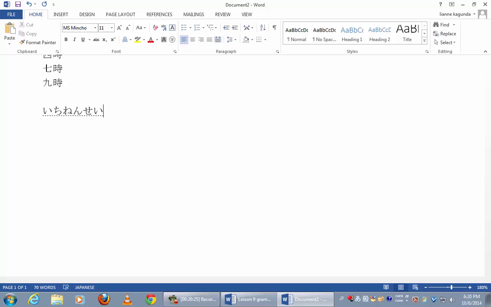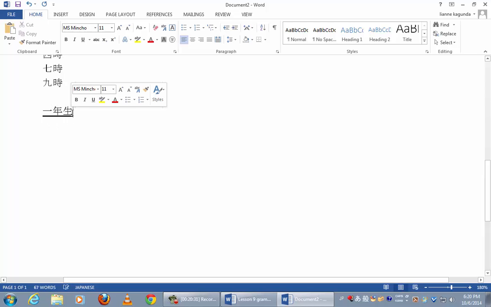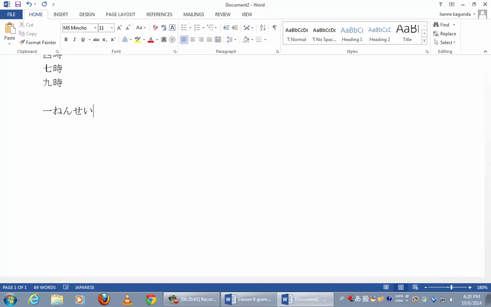If you do it in full kanji, it looks like that. But we haven't learned how to do these kanji yet, right? So I wouldn't be expecting to see these in kanji. You would do ichi, and then nensei, spelled out like that, ichinensei. So that's what I'm looking for.